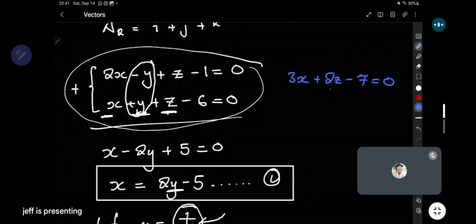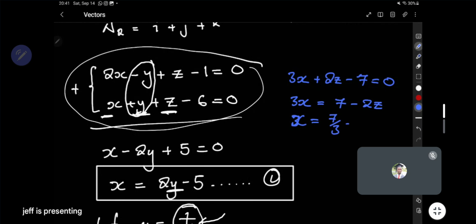Now you'd have just had to make one of these expressions the subject of the formula. If I had gone for x, this would have been 7 minus 2z, and then divide both sides by 3. This would have been 7 over 3 minus 2 over 3 z.